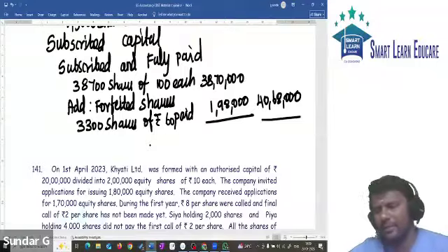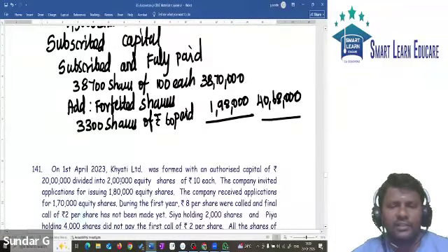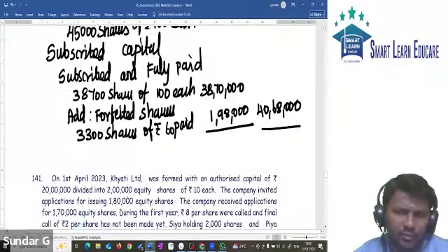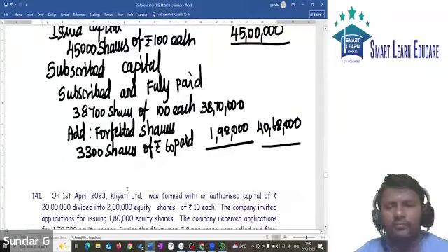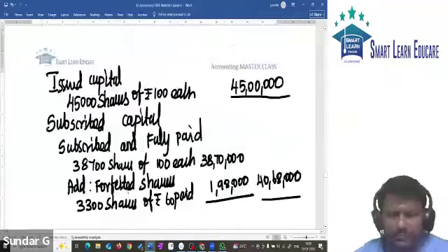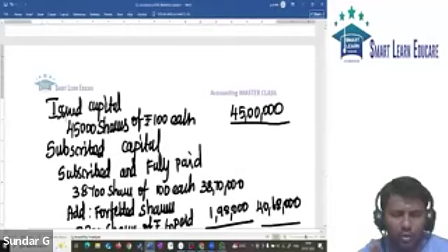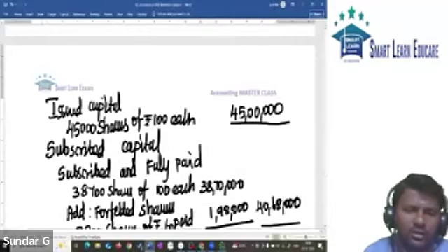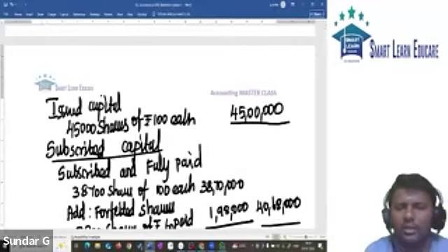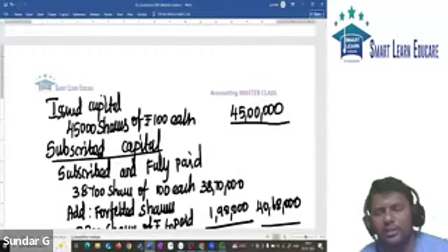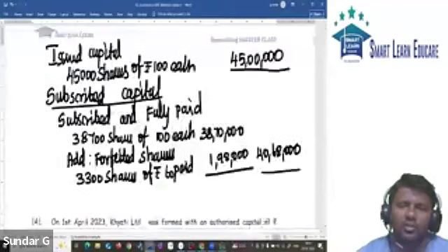This is called paid up capital. This amount will come in the balance sheet. Very simple thing. First the maximum capital, authorized, then issued, but both are not considered for total. Subscribed capital fully paid will come, and forfeited shares amount will also come.